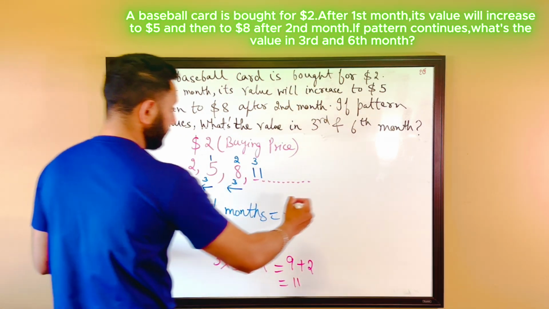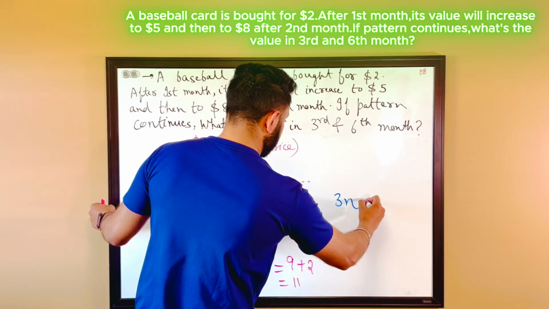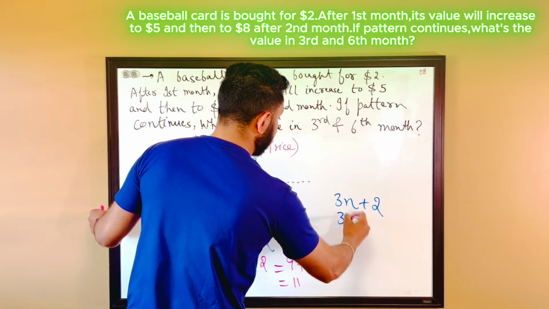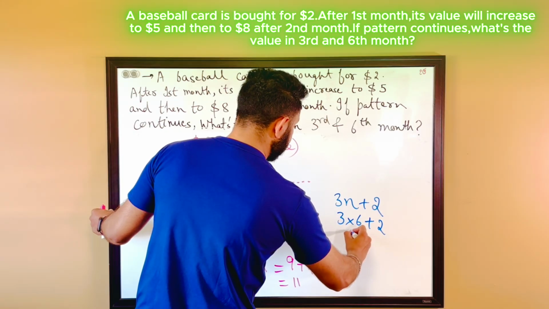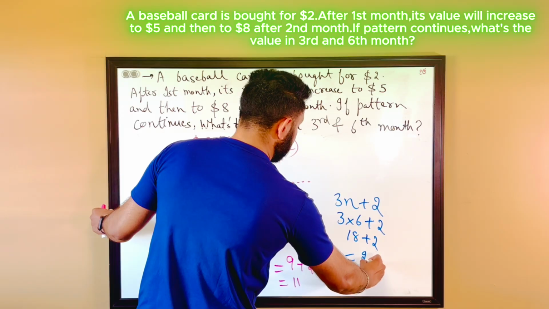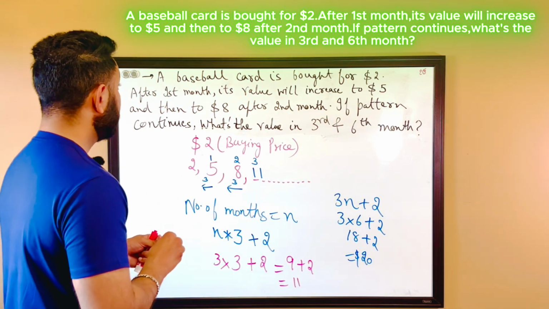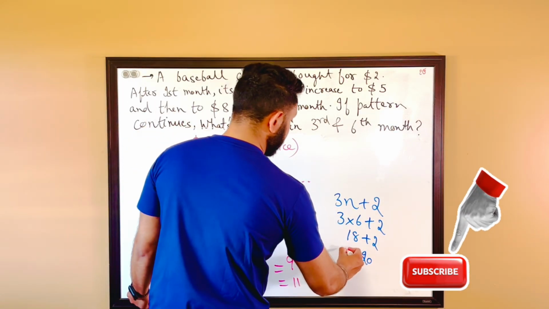So in this algebraic expression we're going to put 6 in place of n. So 3 into 6 is 18, plus 2, so $20. That means the value of the baseball card after the sixth month is $20.